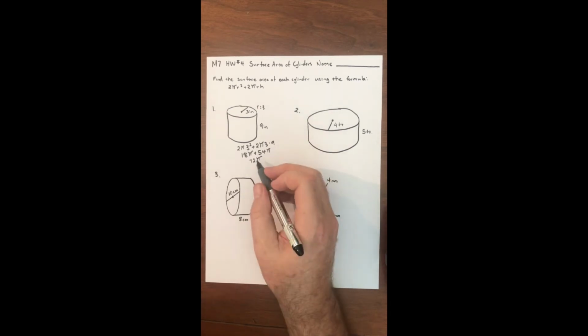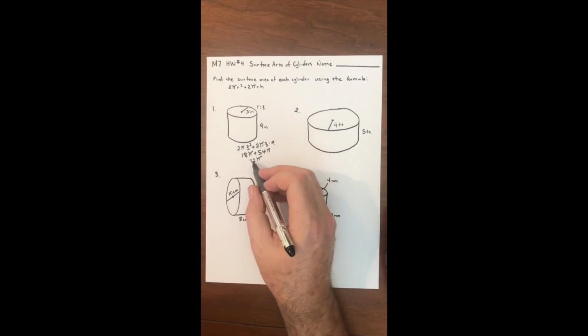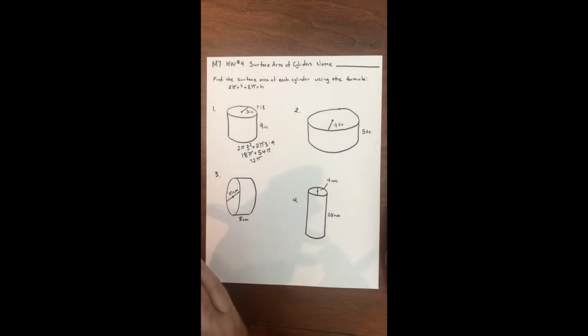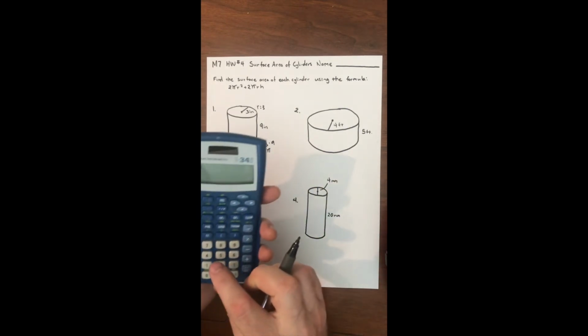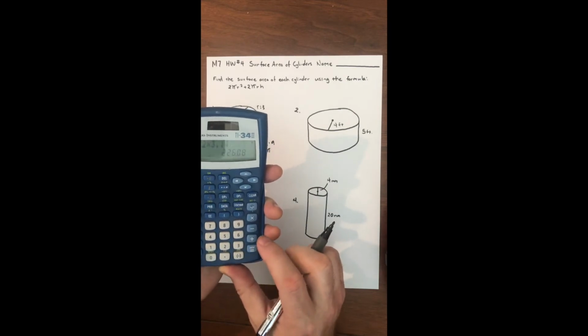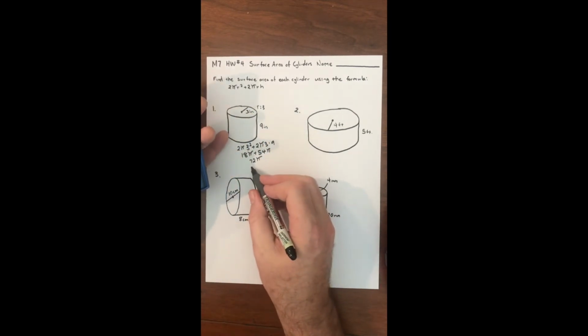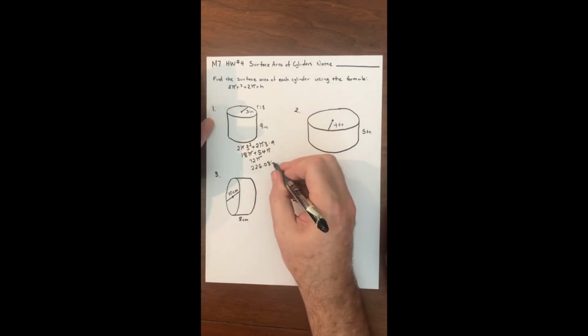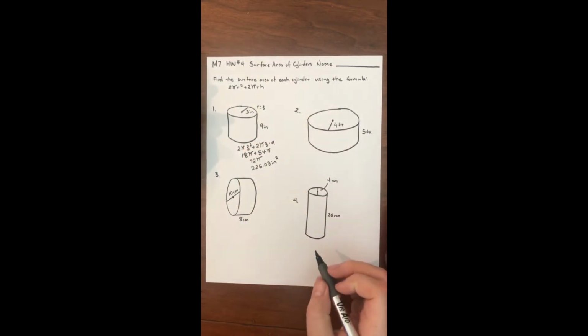Okay, so 72 pi. 3 times 70 is 210, so it's going to be above 210, 230 probably or something. Let's see. 72 times 3.14 is 226.08. And then my unit of measure is inches, and I'm going to square that.